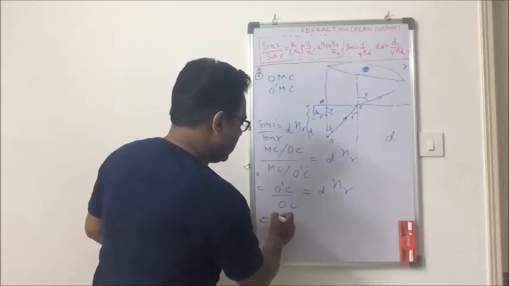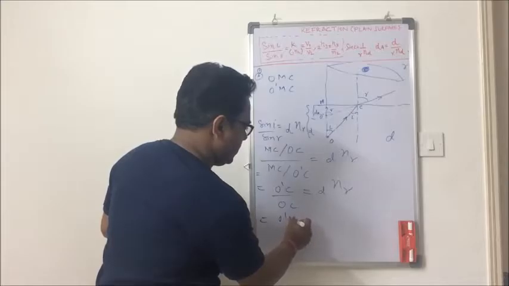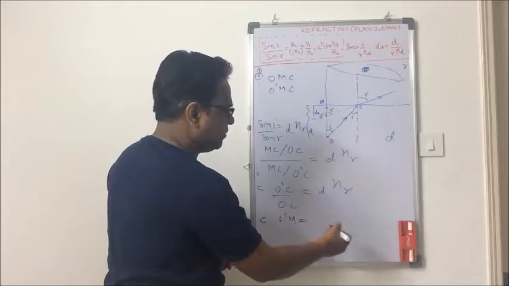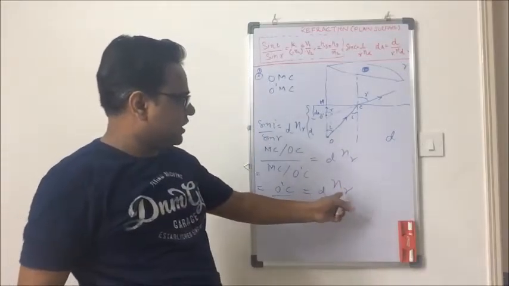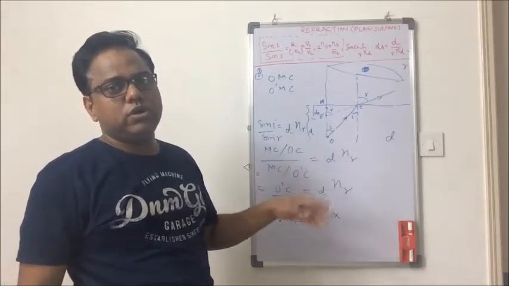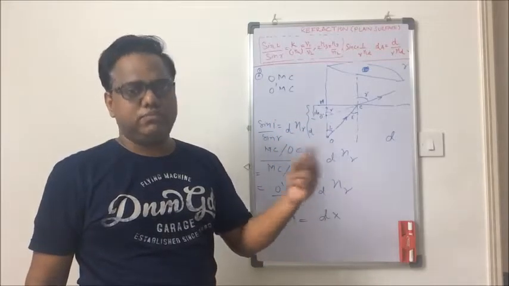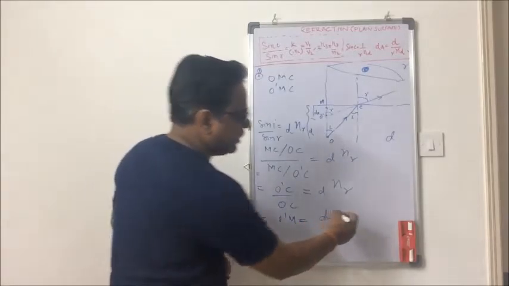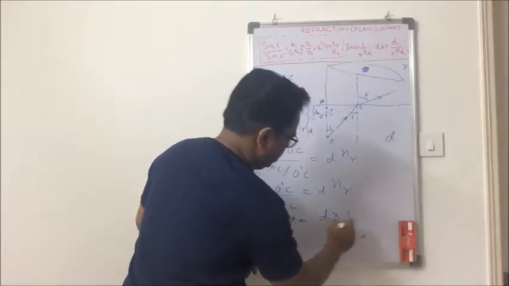So in that case we say OM equals O'M, which is nothing but d into n_d/n_r, and because r is generally air, we write n_a/n_d, which is nothing but 1 divided by the refractive index of the medium.